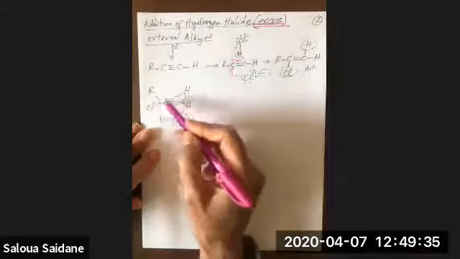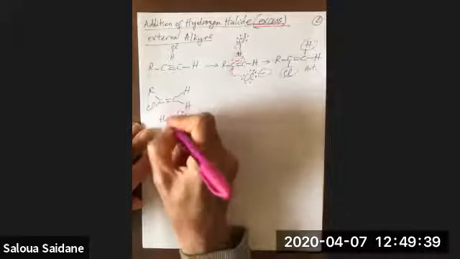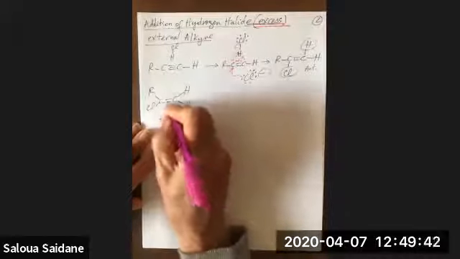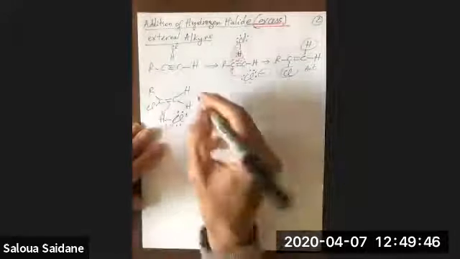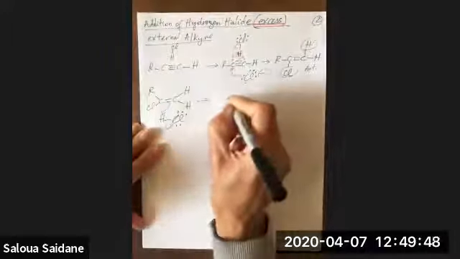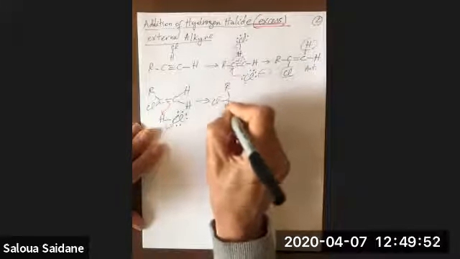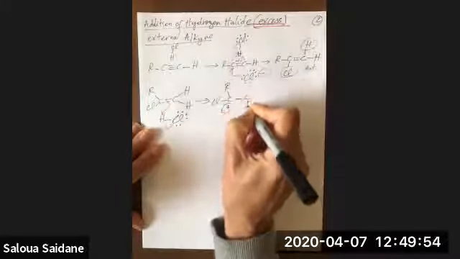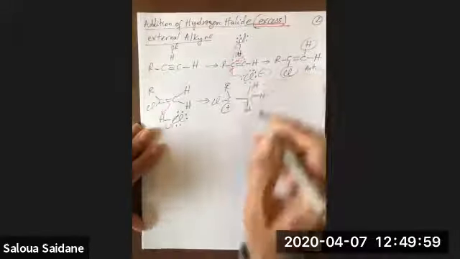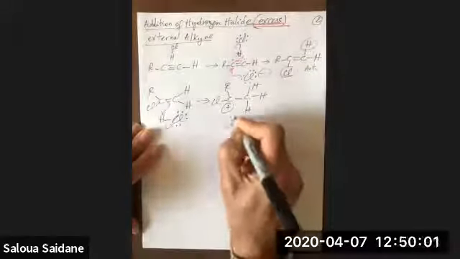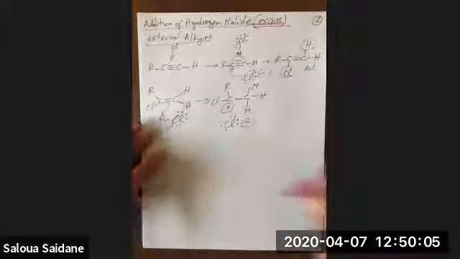If you add it to the left, this will be the carbocation. It's obvious the H will add to the least substituted. So the pi bond opens and takes the H, this opens. You end up with an R, C, Cl plus, C, H, H, and H. And then your Cl minus will attack here.